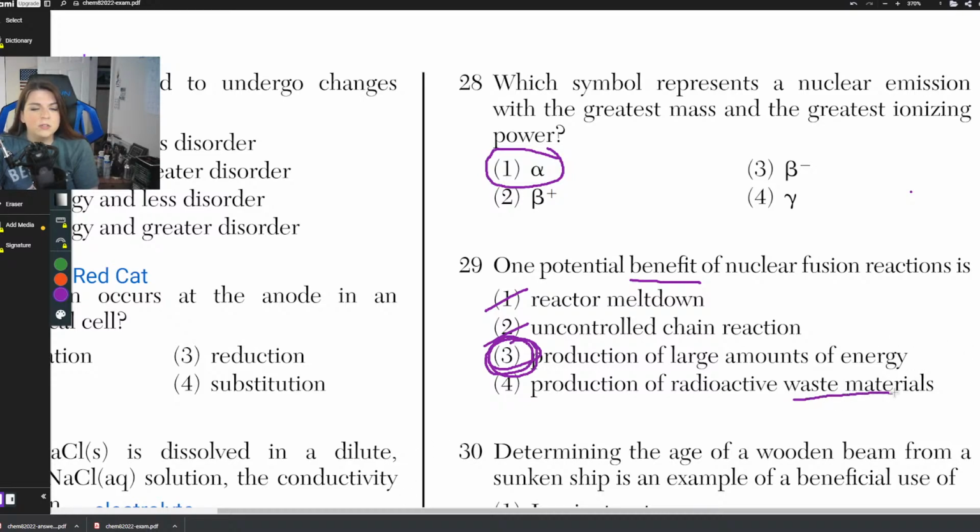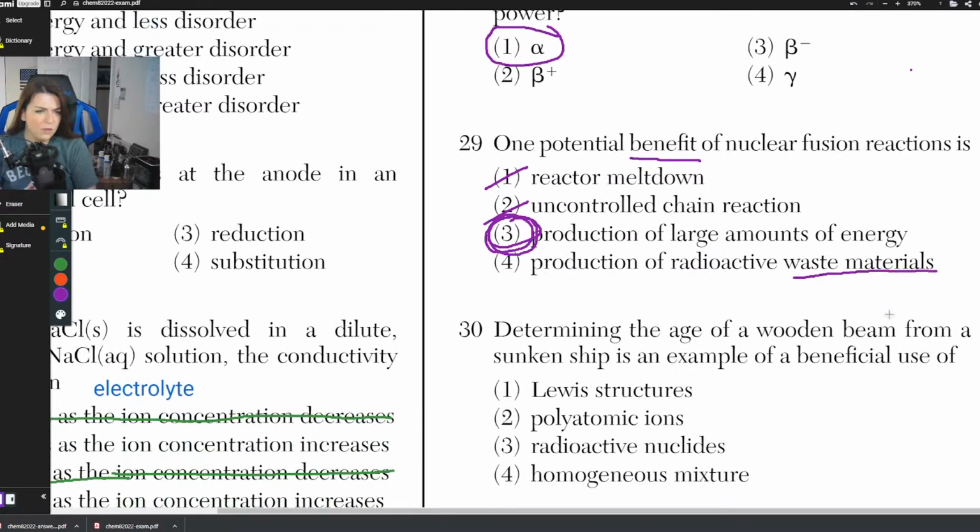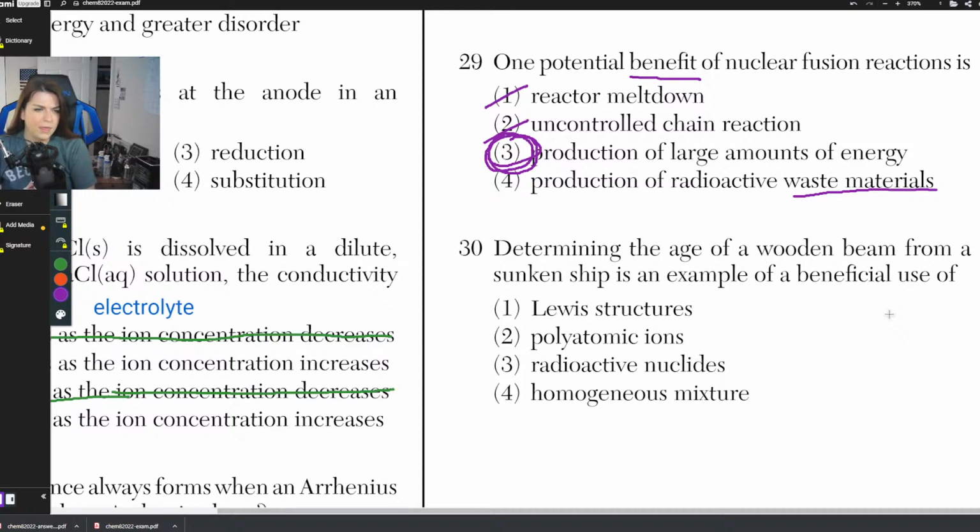Radioactive waste materials, I'm going to go neutral on whether that's a benefit or not, because a lot of the time we take that waste material and then we react it again to basically double dip on nuclear material for those reactions. Okay, and then finally, determining the age of a wooden beam from a sunken ship is an example of a beneficial use of radioactive nuclides, which really means radioactive isotopes.